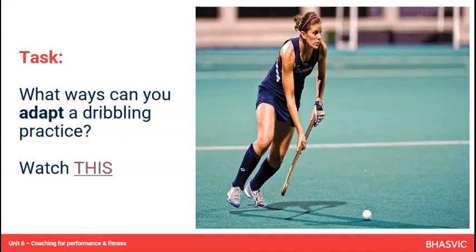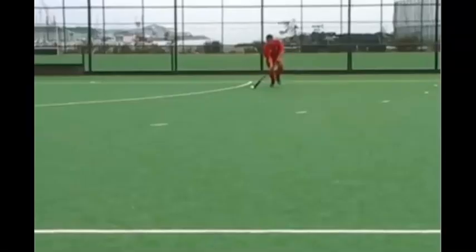So as a starting point, what I might suggest is we just think about what different ways tasks or activities or practices or drills can be adapted. If you take a really simple skill like dribbling from one location to another, have a look at this.